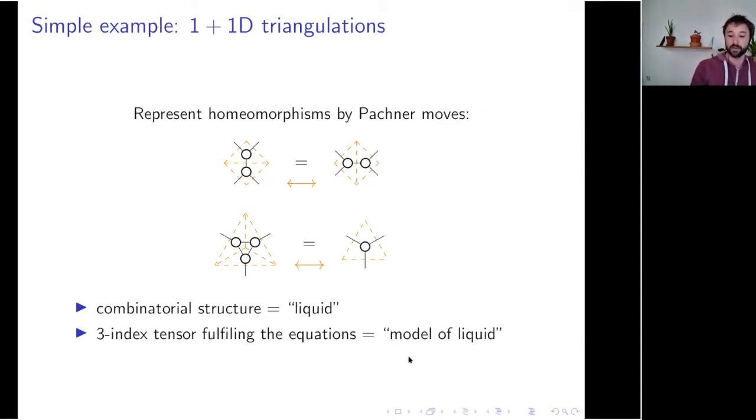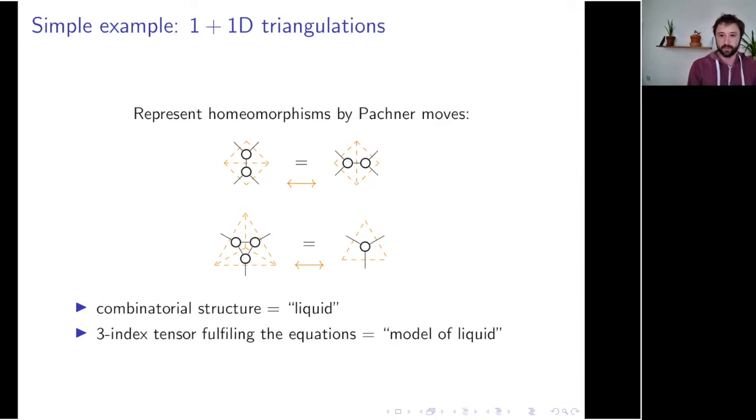Such models are then fixed point models in a physical sense, in that they describe path integrals of topologically ordered systems. Okay, so now the natural next step would be to look at what these models are.